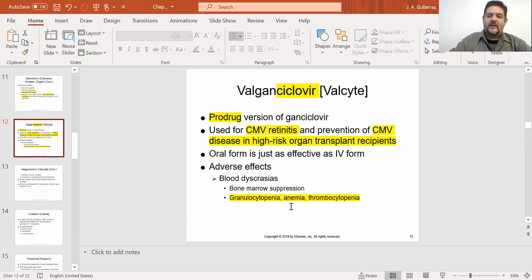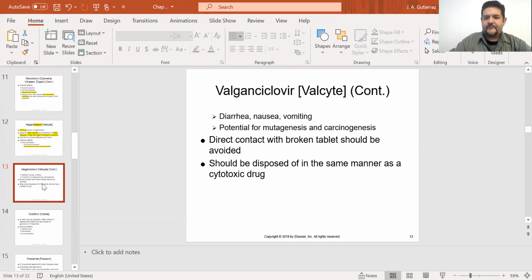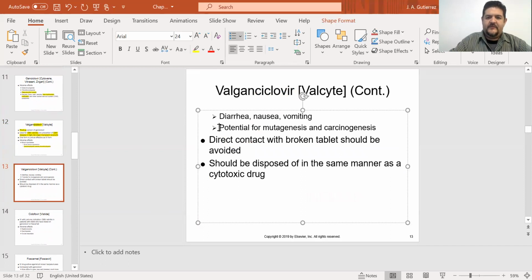There's going to be a low count of red blood cells, anemia, and a low count of platelets, thrombocytopenia. If the medication is given by mouth, unfortunately, this type of medication long-term suppressing the bone marrow can produce cancer of the immune system. Lymphomas will be an example.